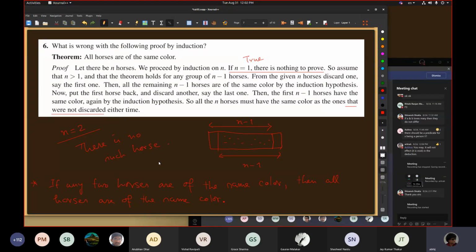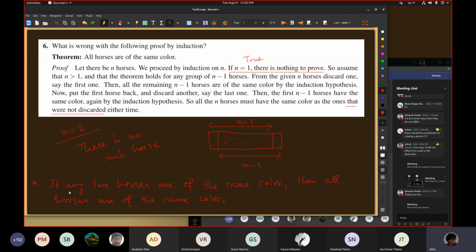N is actually a little bit confusing. How do I write it? All NC2 pairs of horses are of same color. Yeah, this is what I meant. We should not use "any" in this. Sir, or we can write that no two horses are of different color. Yeah, that's better.